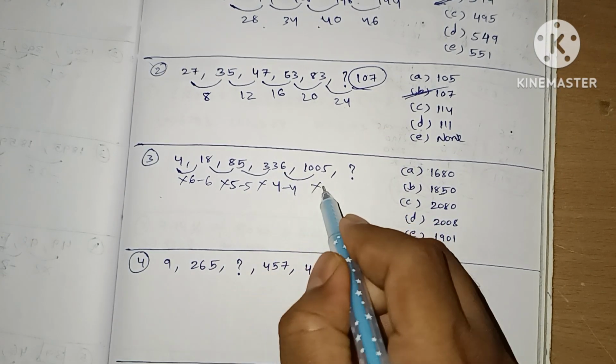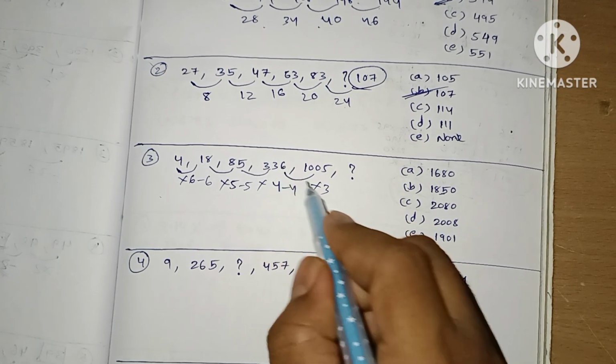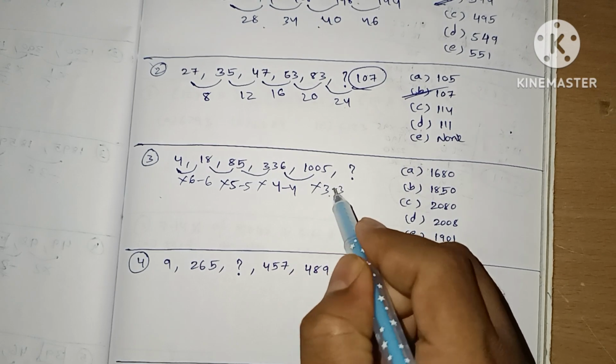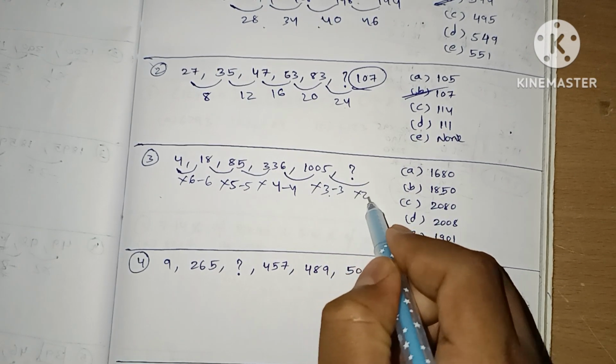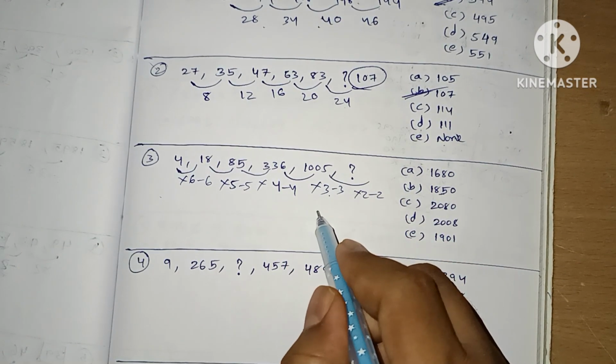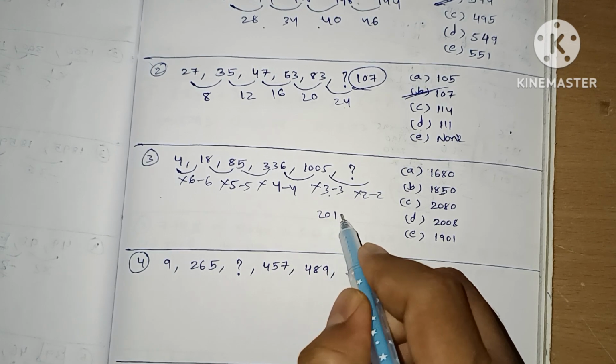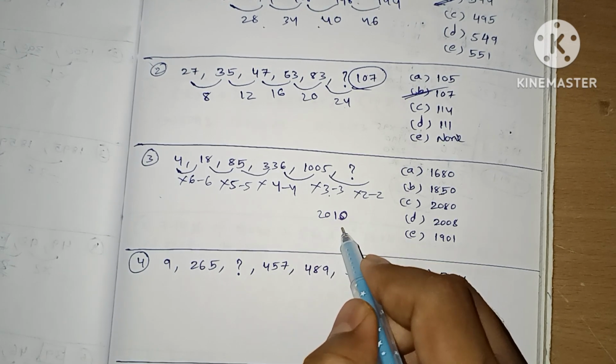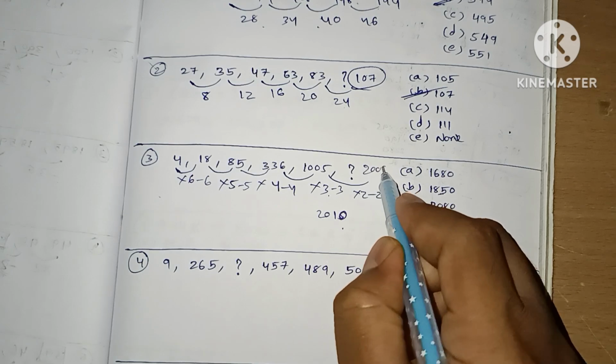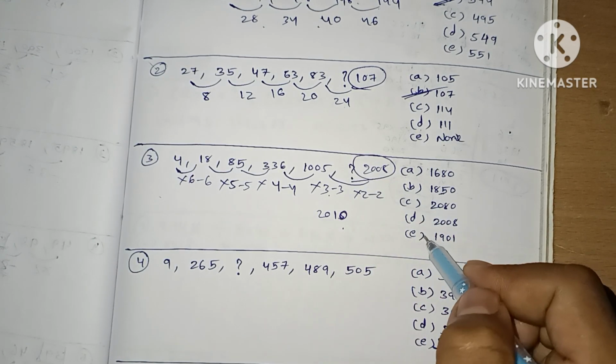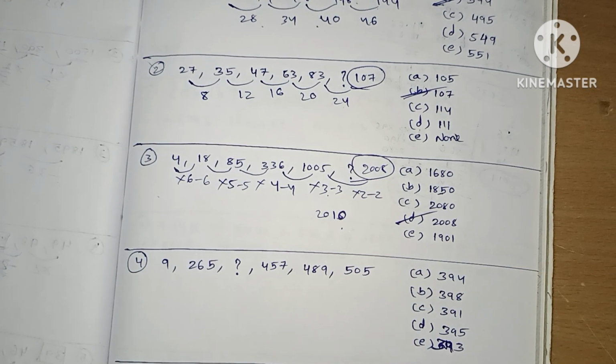Here it is into 3, means 3 6 times 8 minus 3. Okay, so the next one must be into 2 minus 2. So into 2 means 2010 minus 2 means 2008. This is our answer. Option D is our answer.